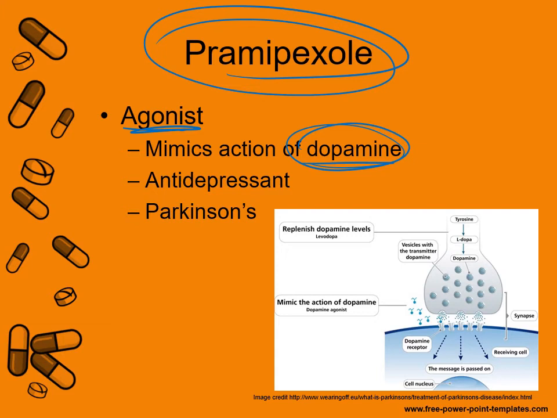And so Pramipexole, or there's another example called L-Dopa, which is literally levodopa or a dopamine mimicker. It's going to work just like dopamine would. It's going to basically cause the dopamine receptors to bind more often, and then we have that happy feeling of dopamine. It is an agonist.